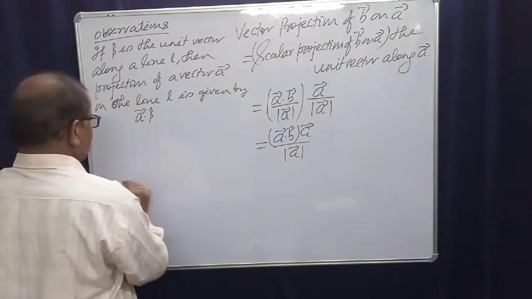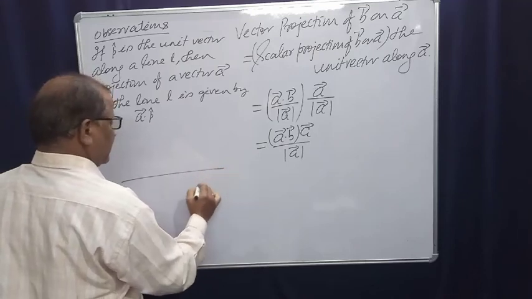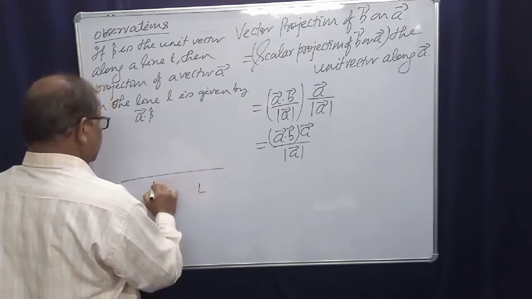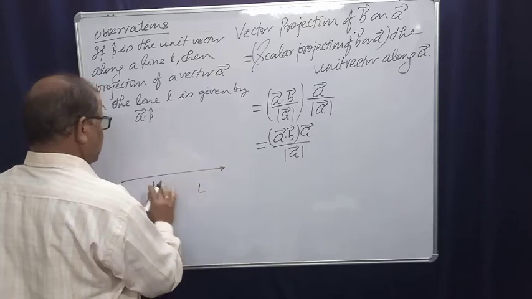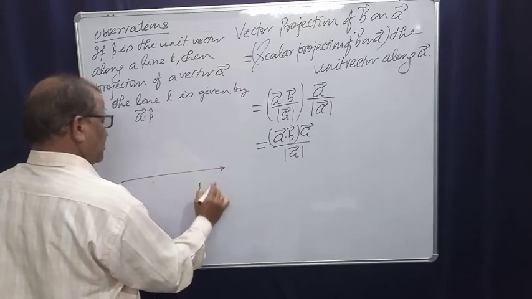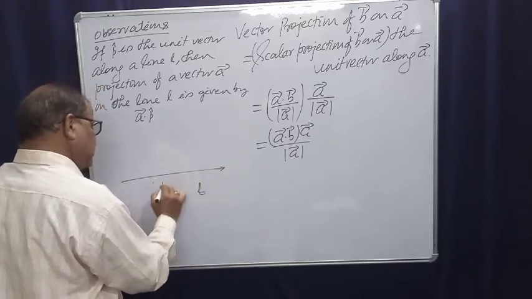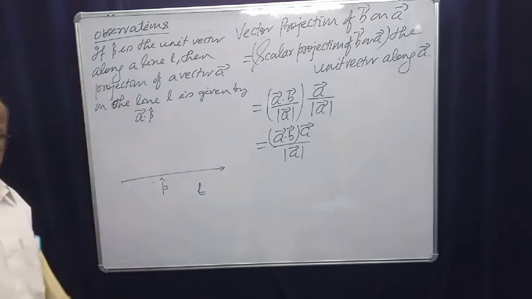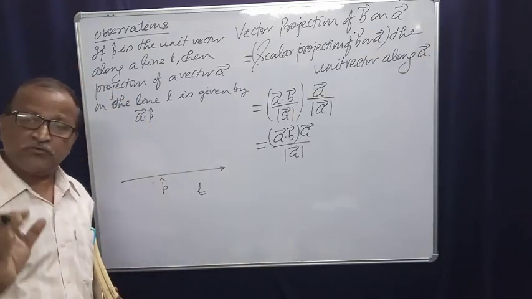Suppose this is a line L whose length is L. In this direction the unit vector is P cap. Unit vector means magnitude is 1.